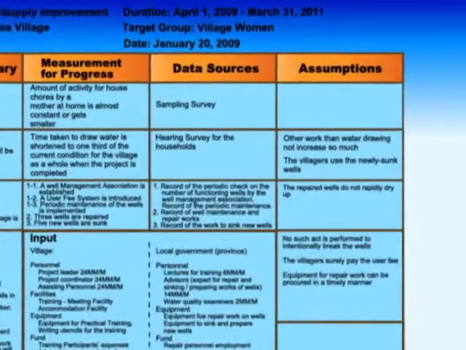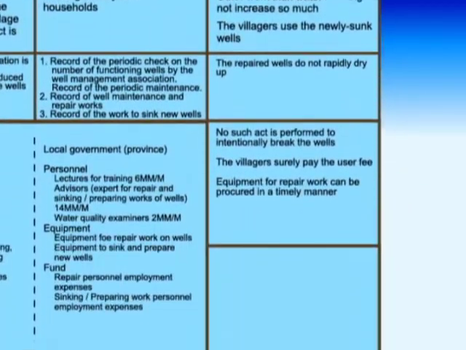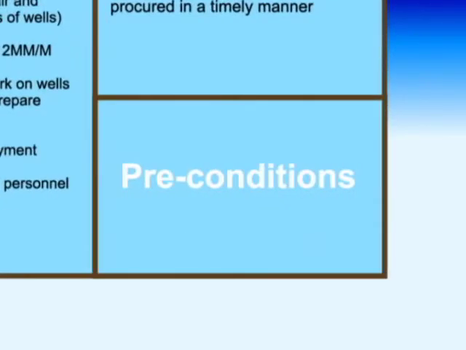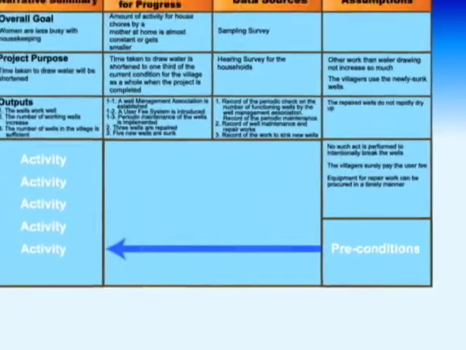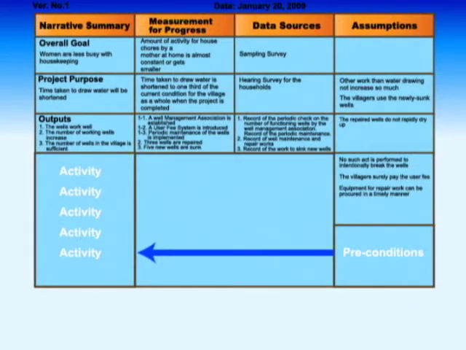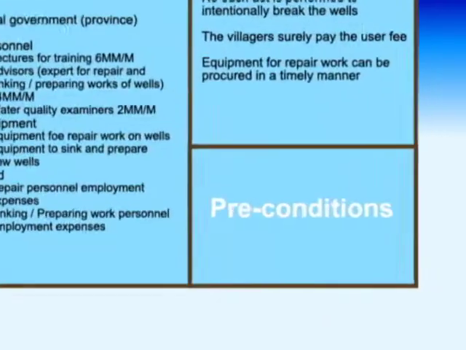Lastly, let us proceed to the bottom cell in the assumptions column, which is precondition. Here, conditions necessary to start the activities of the project should be described. However, these preconditions don't include general procedures related to the whole project.